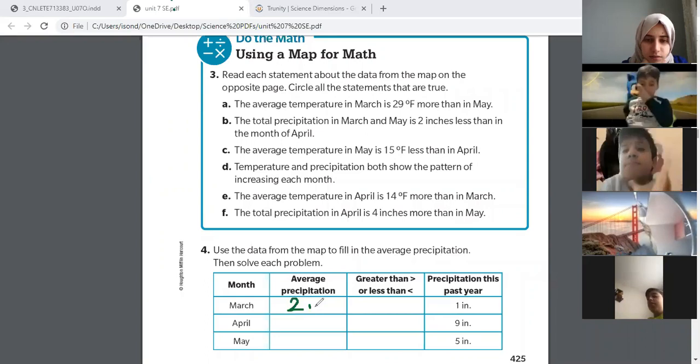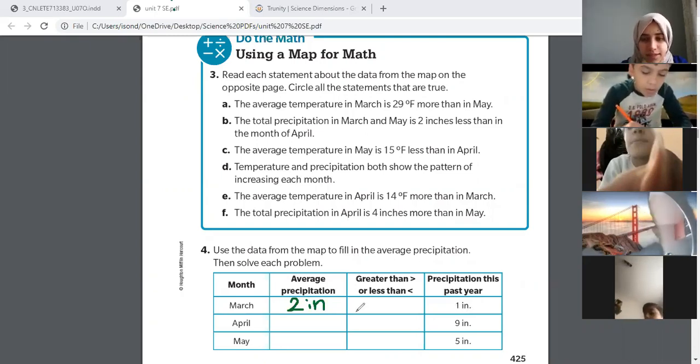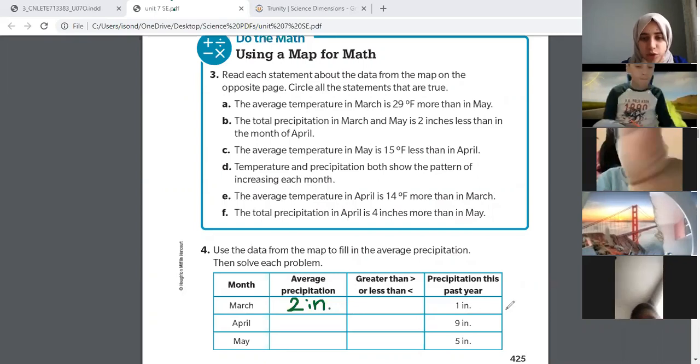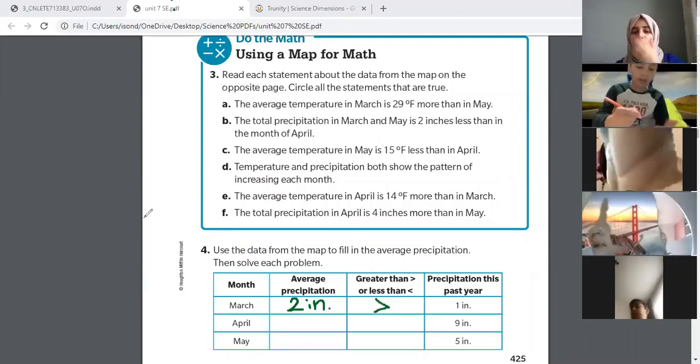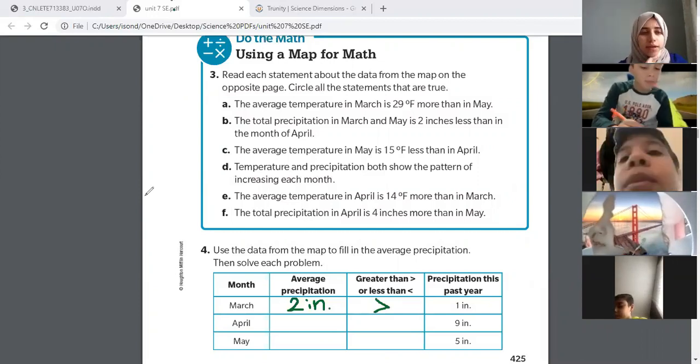So is the average greater than or less than the precipitation this past year? What do you think, Azza? What's greater, 2 or 1? Greater than, so we will put the sign greater than. Excellent. What about the month of April?